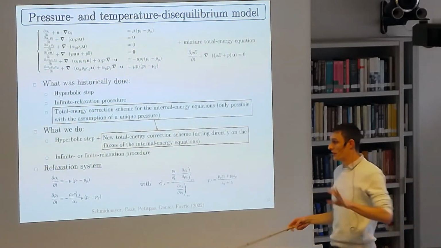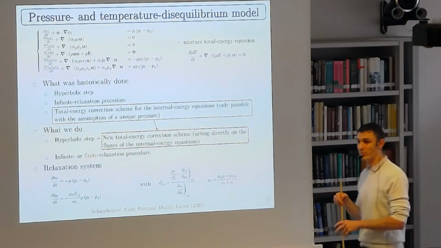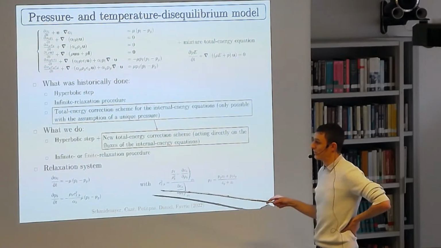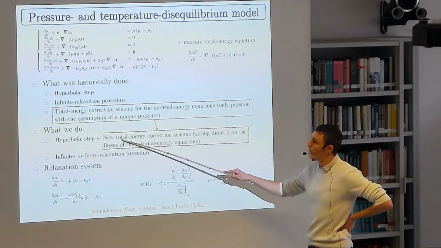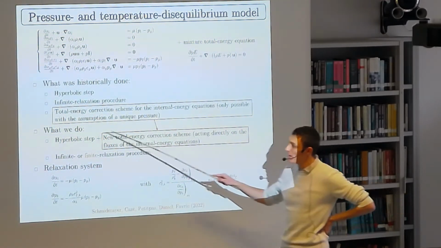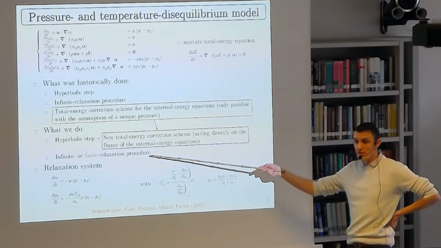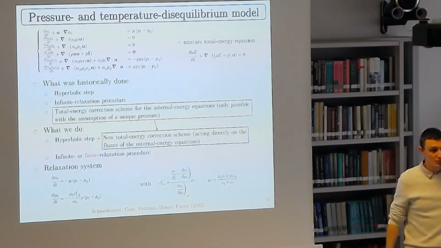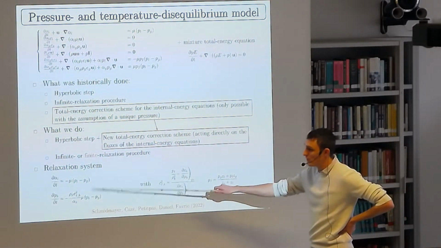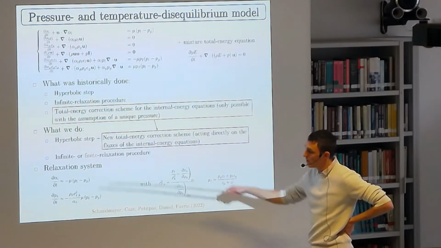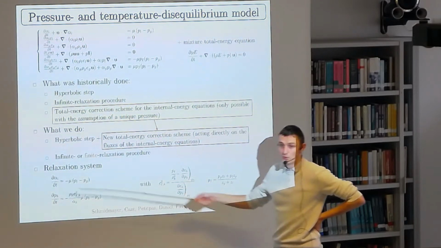So what we proposed, and it actually took us more or less 3 or 4 years to do this, so it seems like nothing, but it was a very long and difficult work, is the new total energy correction scheme embedded within the hyperbolic step, which allows both infinite as well as finite relaxation procedures. The relaxation system basically solves 3 equations: alpha, one volume fraction, and the 2 pressures.